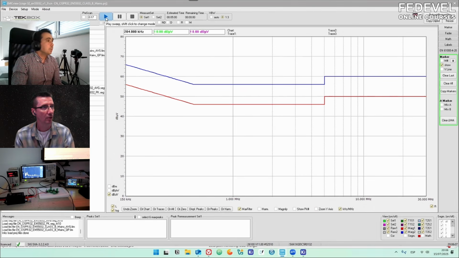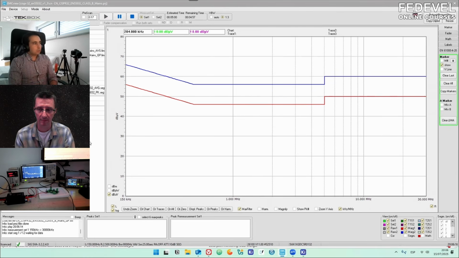So if I click. This software is connected to your spectrum analyzer? Mm-hmm. And it does the test in the same way that it should be done in the EMC lab. Oh, I can see the peak there. This is one of the reasons why we are using software. Why are we not just pressing the button on the spectrum analyzer and plotting the result?